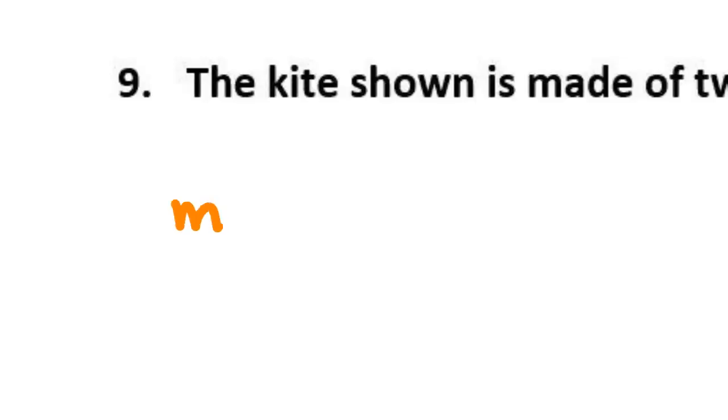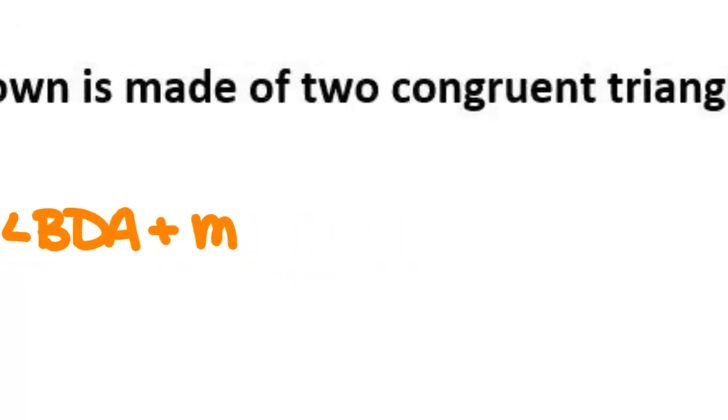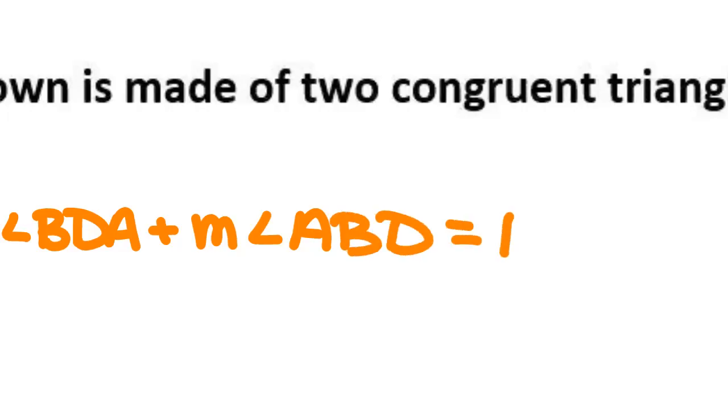All right, so we're going to say the measurement of angle A plus the measurement of angle BDA plus the measurement of angle ABD is equal to 180.